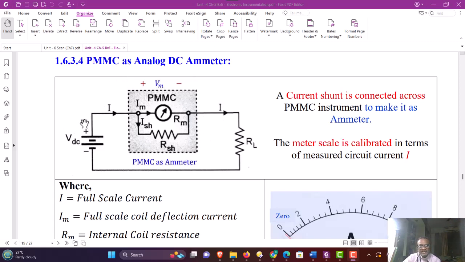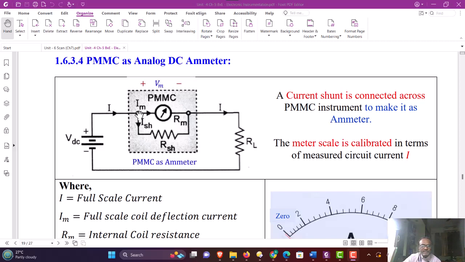So we will see that the current I, that is the load current or current to be measured, will be divided in two parts. One is going through a PMMC instrument and another is going through the shunt because this forms a parallel combination. PMMC instruments are normally carrying very low currents and majority of the current is passing through the shunt resistance.